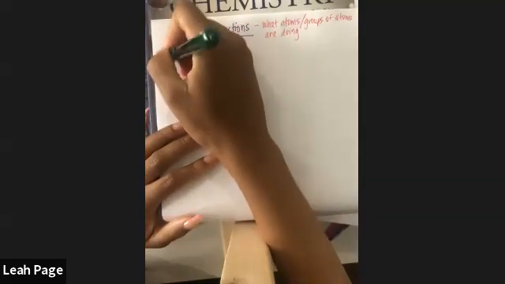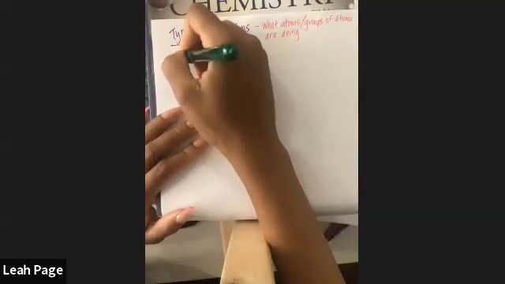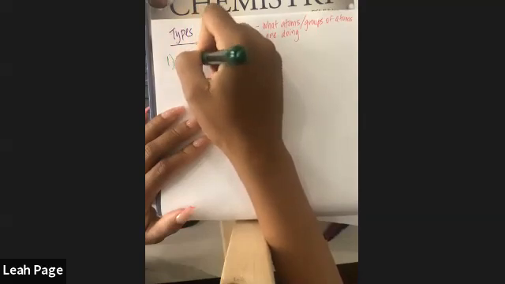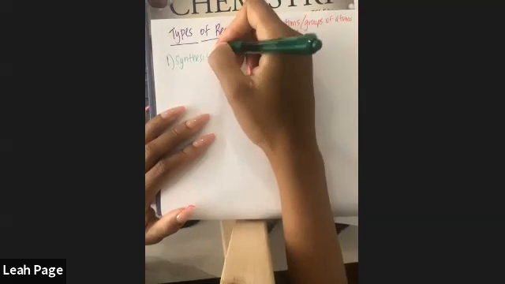All right, so when we talk about the different types of reactions, let's start off with the first one. It's a synthesis reaction. Synthesis reaction, another word for that is combination.